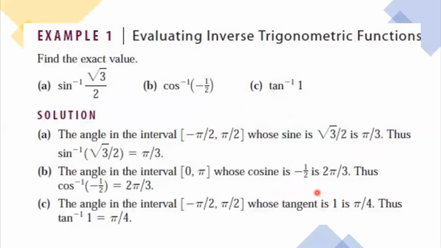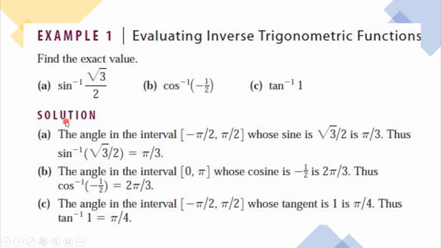Okay? So we have here evaluating inverse trigonometric functions. Find the exact value. How can we find the exact value, and what does this mean? So when we say sine inverse of square root of 3 over 2, or cosine inverse of negative 1/2, and tangent inverse of 1, what does it mean?